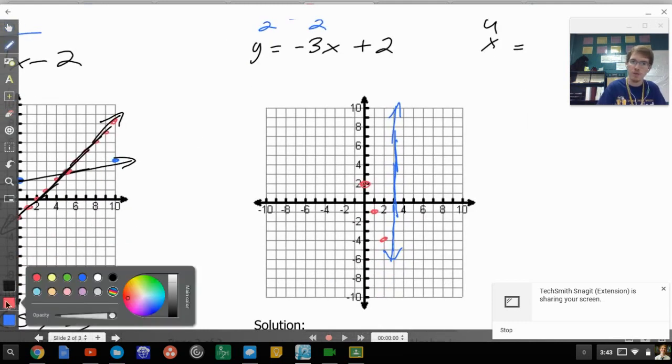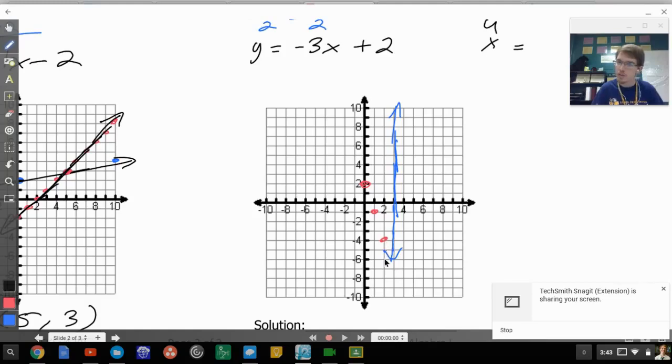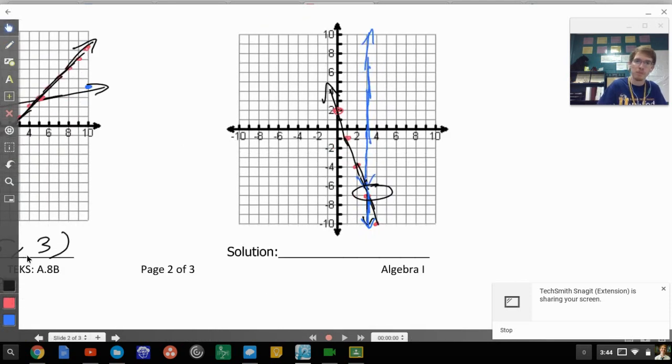Okay, and these two don't right offhand intersect, but I need to continue this line on. It keeps going that way. So they intersect right here at the point. I know that x is 3. It's at 3, negative 7.